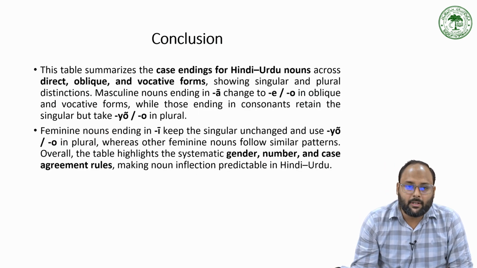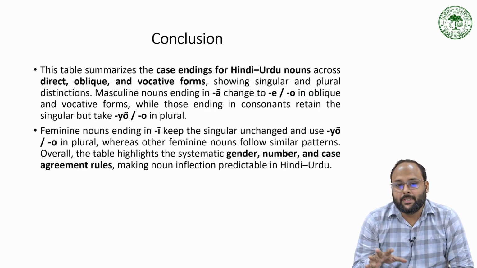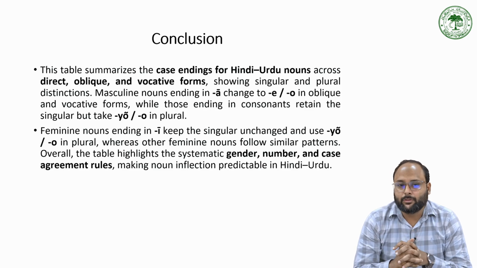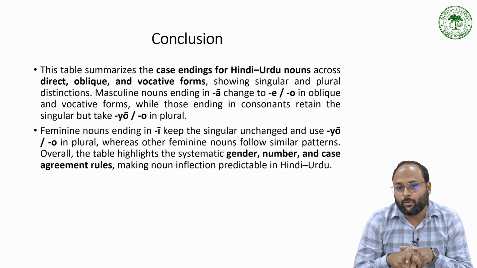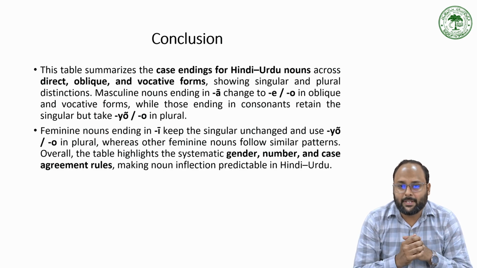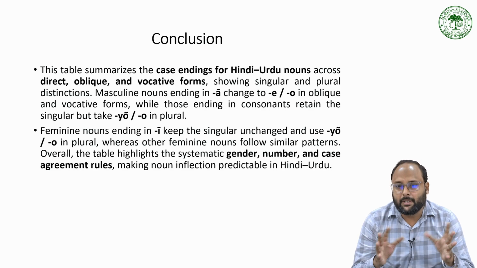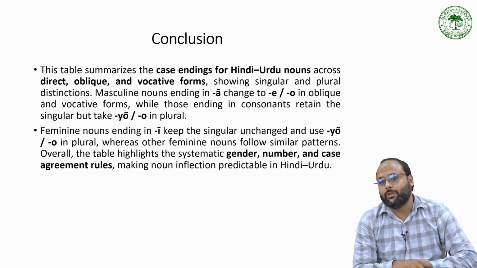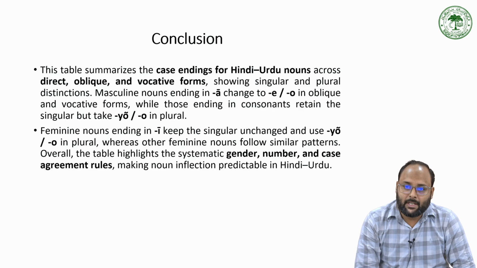Now I conclude here. We discussed the case endings, or we can say the cases in Urdu Hindi. Basically we discussed the three types of case: direct case, oblique case, and vocative case. These are the three forms which have some inflection and some changes according to the position in syntax or morphology.